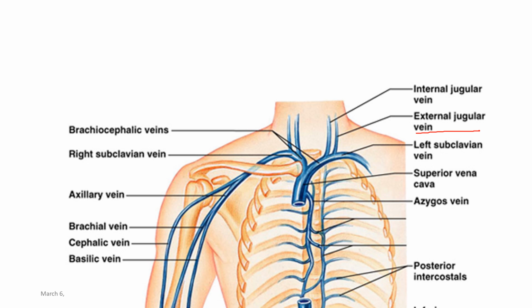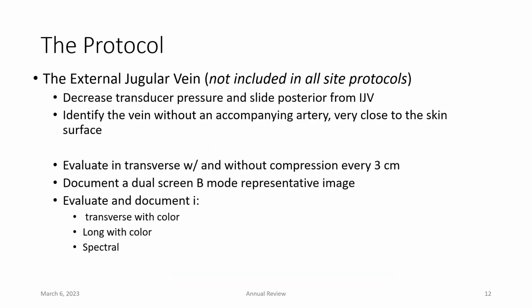You'd want to follow it from its origin, or where you could identify its origin, all the way down here to where it connected with the left subclavian. As I said, this is not included in all site protocols, so it's a good idea to be aware of how to do it, or that you might be required to do it, but in all likelihood, a lot of places won't be having you do this.